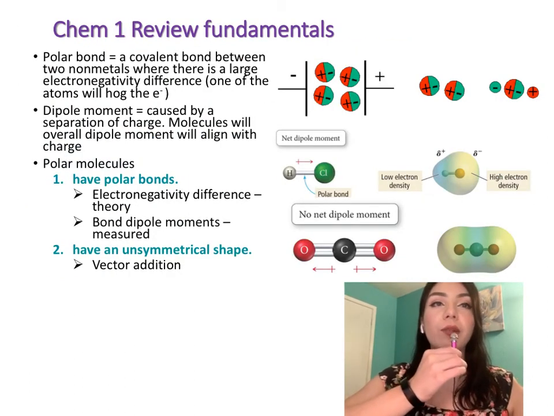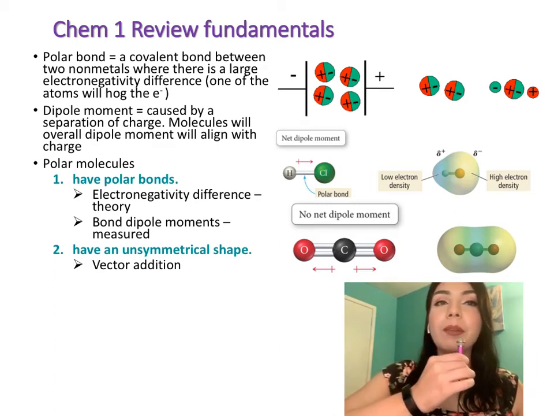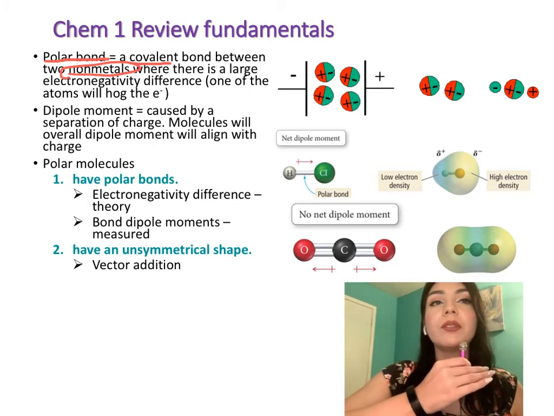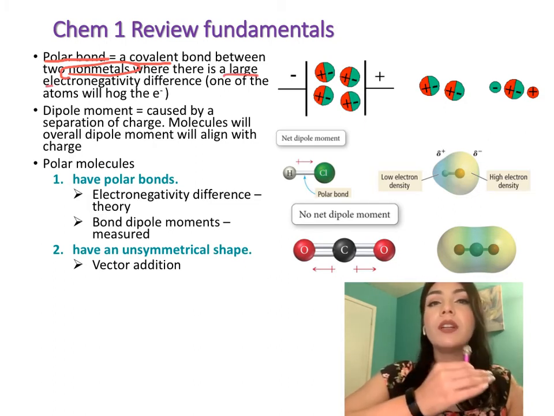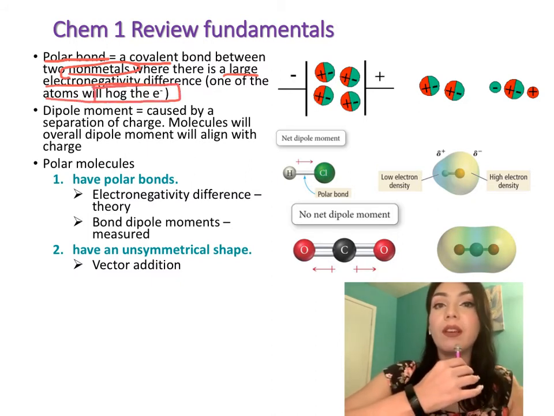So again, here we have some more review from Chem 1. A polar bond, if you don't remember what that is, is a covalent bond where you have two nonmetals. That's what covalent bonds are, only between nonmetals. And you have a large electronegativity difference between the two. So one of the atoms will like to hog the electrons towards it more than the other one.